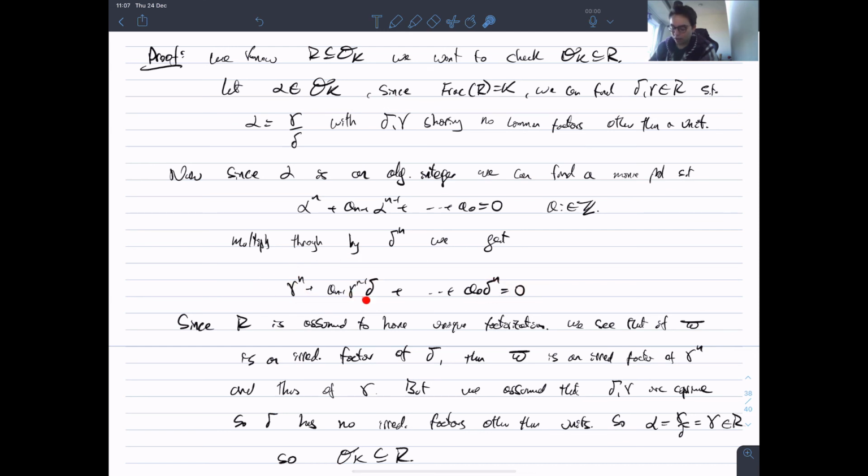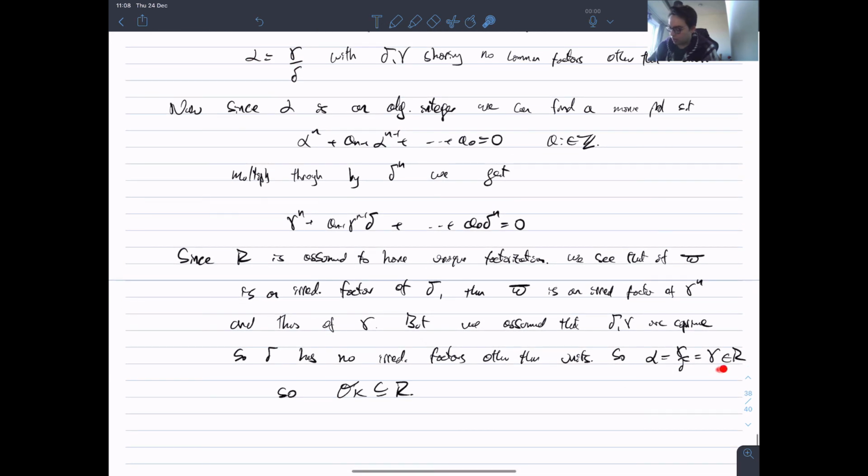Now, if I had any irreducible factor of delta, because I have this equation, it would also have to divide gamma to the n, and so it would have to divide gamma. This contradicts the coprimality, so there can't be any irreducible factors of delta. So delta is just a unit. So alpha just looks like gamma in R. Alpha is an element of R. And this gives the result. And so we're done.